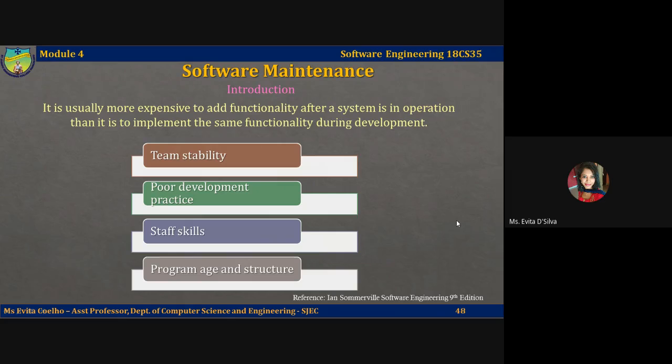They may never have been well structured and may perhaps have been optimized for efficiency rather than understandability. System documentation may be lost or inconsistent, or systems may not have been properly documented at all. Old systems may not have been subject to stringent configuration management, so time is often wasted in finding the right versions of the system components to change.